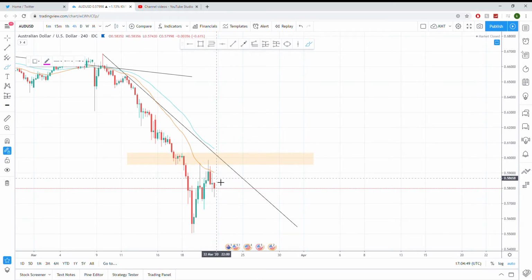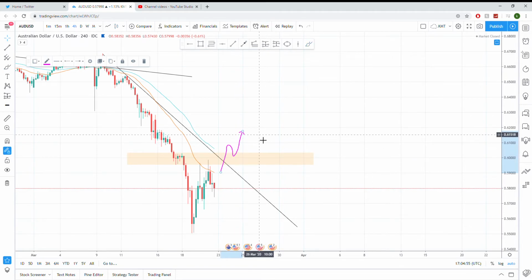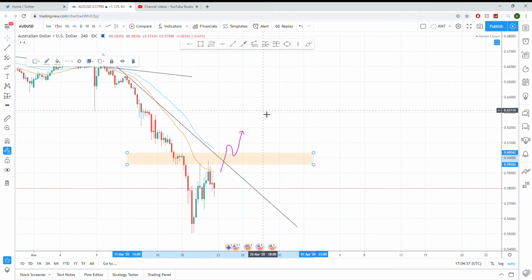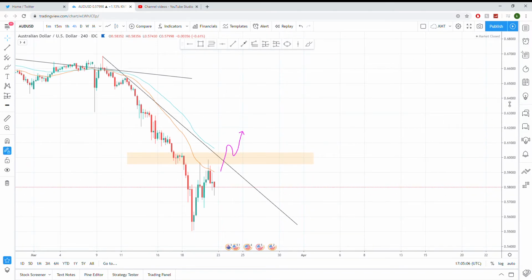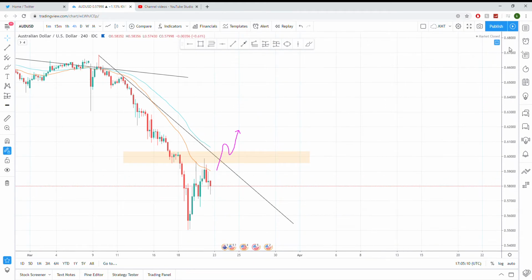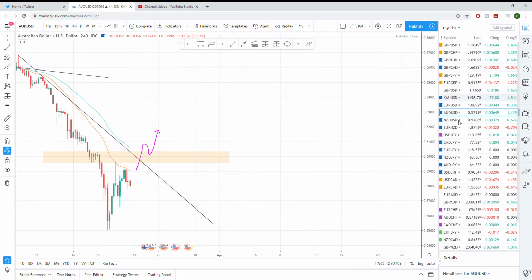If we are able to push and pull back into this area here, we could be looking at a nice buying opportunity. Essentially this is at 0.59552 to 0.60342. So just something to consider. But for the time being, this is currently still in a bearish momentum, so just wait for the market to get into that area again.